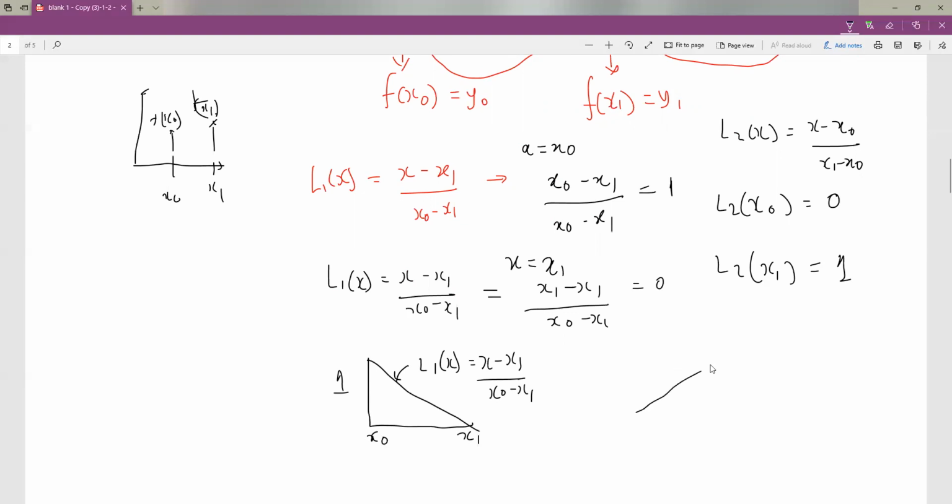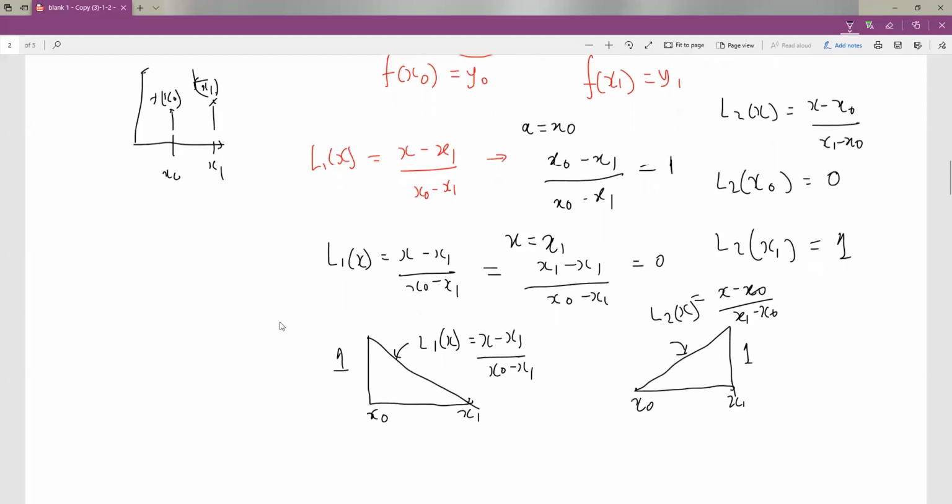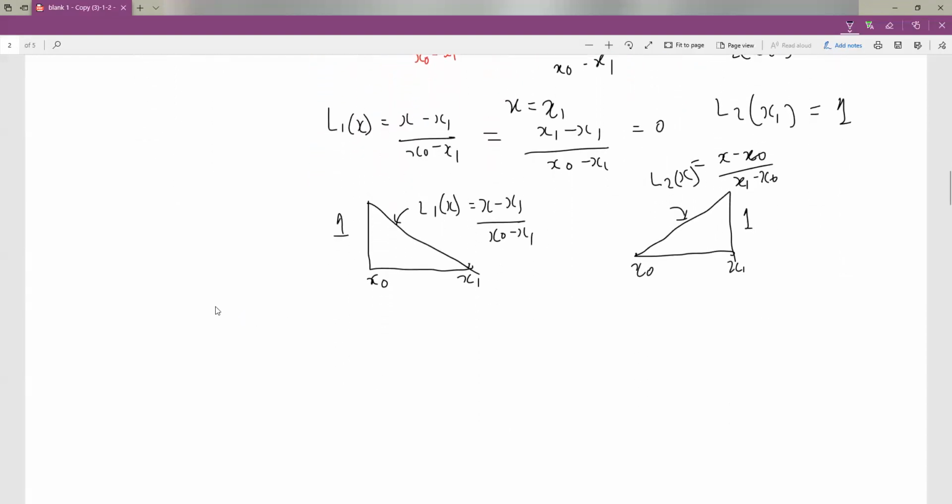The second interpolating coefficient is L2(x), which is x minus x0 over x1 minus x0. It gives unit value at x equal to x1 and 0 value at the other nodes. And this is a very important property, called the Kronecker delta property.